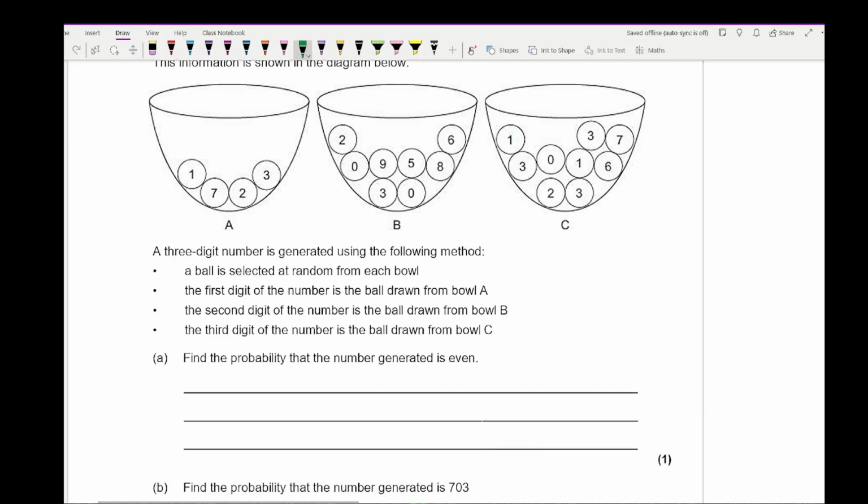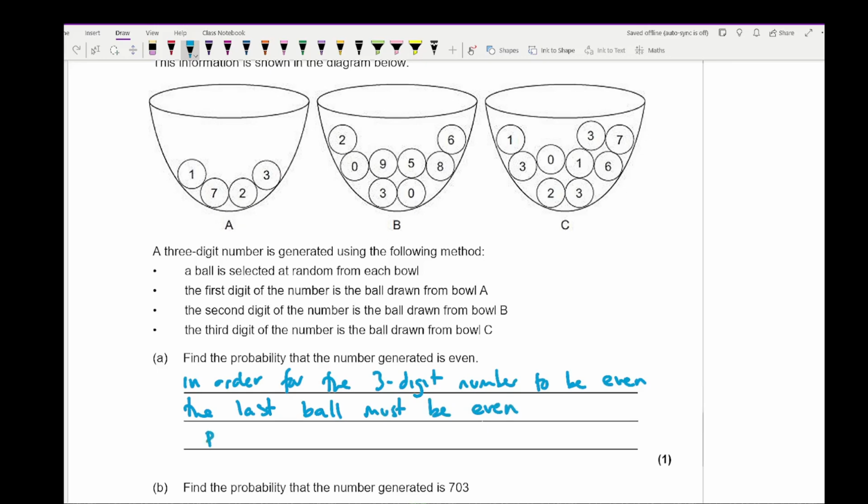In order for it to be even, so let me just use a colour pen. So in order for the 3-digit number to be even, the last ball must be even. So basically what you're wanting is to work out the probability that the third ball is even.